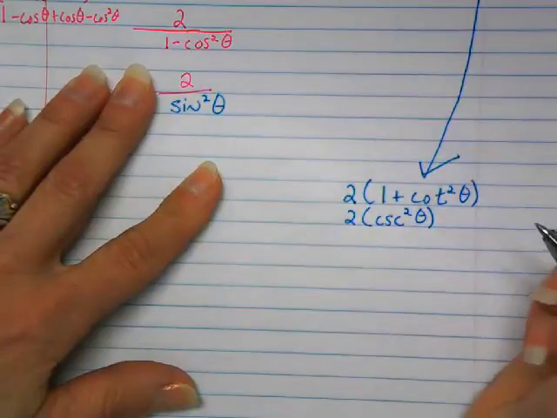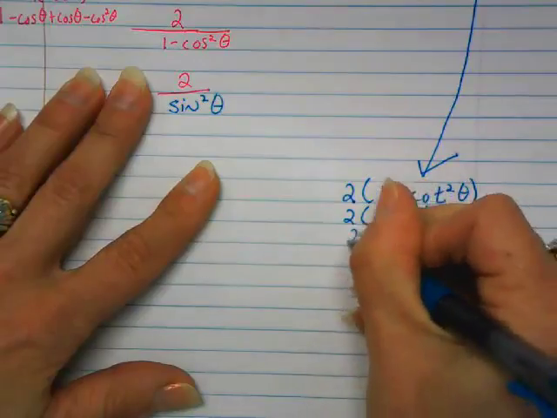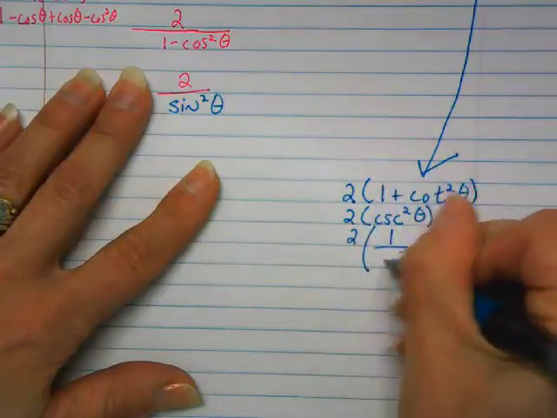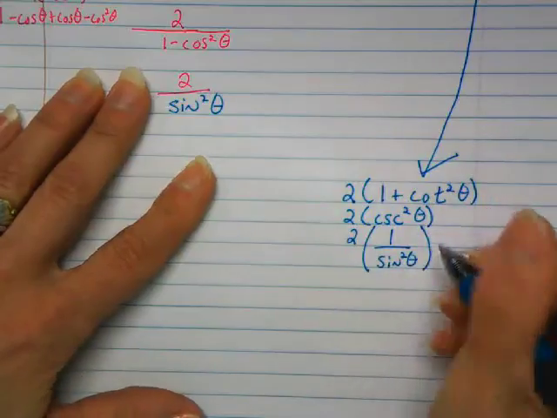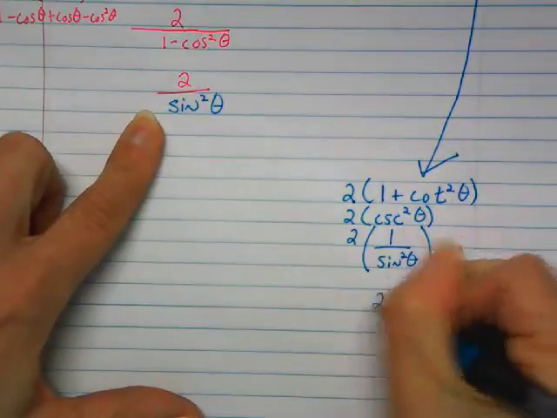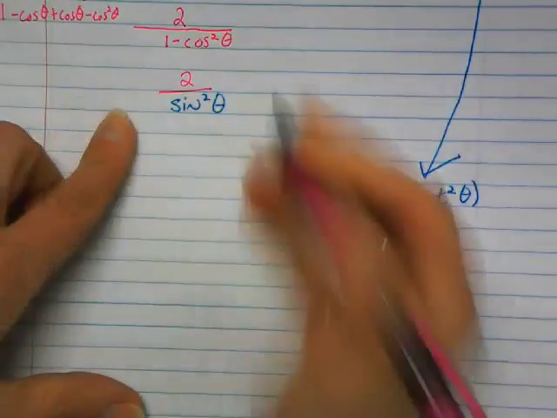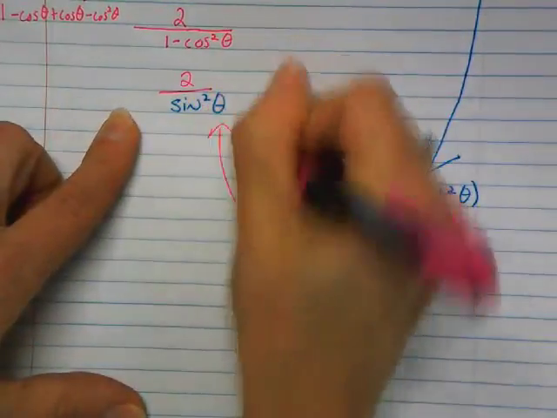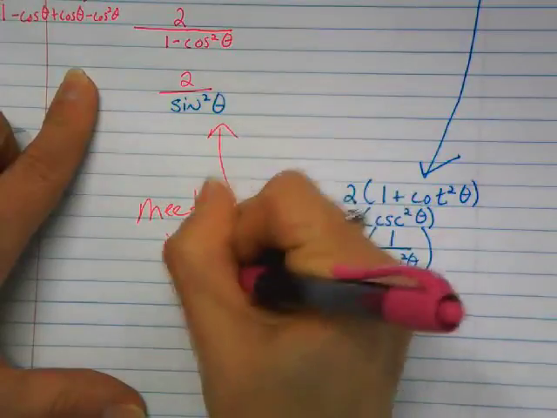Well, what is cosecant? Isn't cosecant 1 over sine? And I believe I've got there. So I get 2 over the sine squared of theta. So I have met in the middle. So this is a meet in the middle.